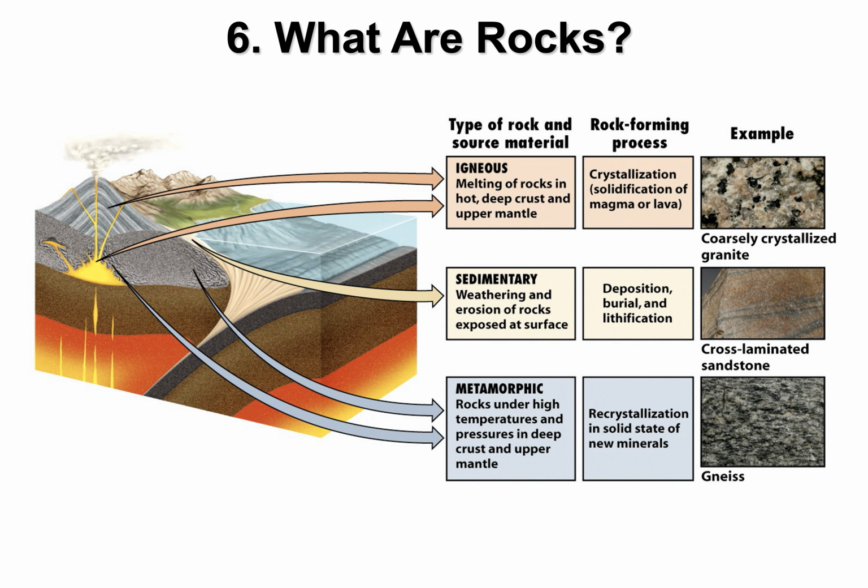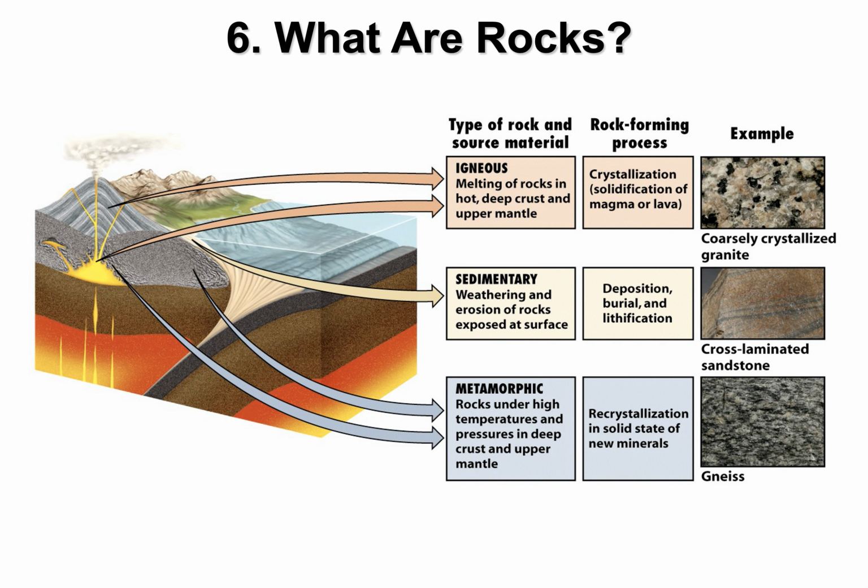Then we have the metamorphic rocks. A metamorphic rock is formed under high temperature and pressure in the deep crust and in the upper mantle. The rock forming process is caused by recrystallization in a solid state of new minerals. One typical metamorphic rock, for example, is a gneiss.